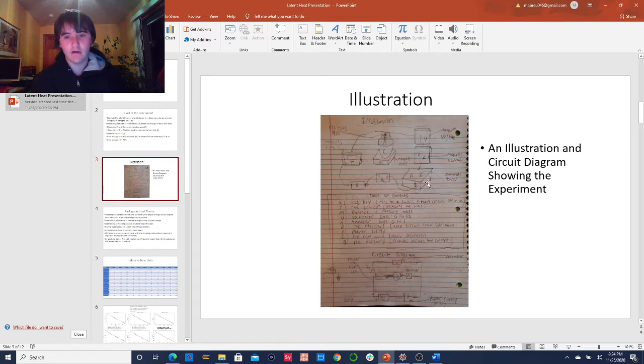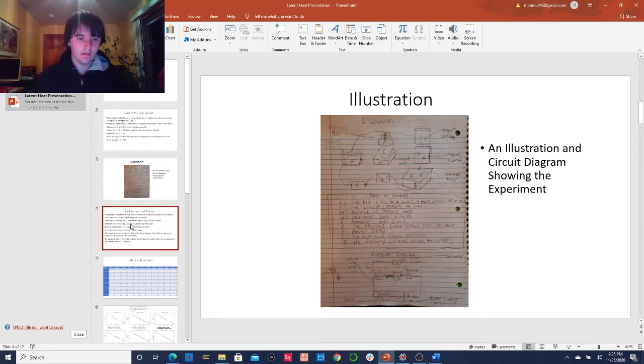It's going to have a power output. It's going to have different things that will measure the current and measure the voltage. And then we'll have a timer, and then we'll have a scale to measure the mass. So, this is a circuit diagram setup of this experiment here.